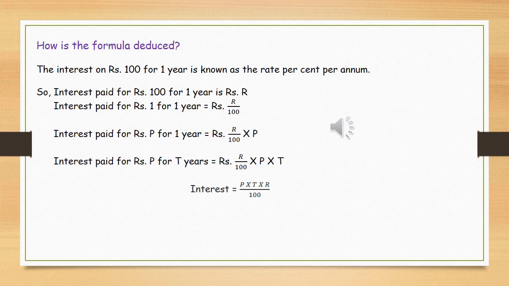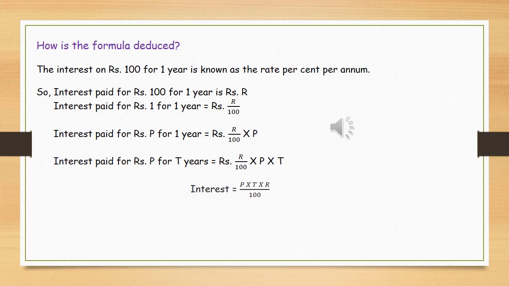How is the formula for simple interest deduced? The interest on rupees 100 for 1 year is known as rate percent per annum. This we have already learned. So let us use the unitary method to derive the formula. Interest paid for rupees 100 for 1 year is rupees R, because that is the rate.